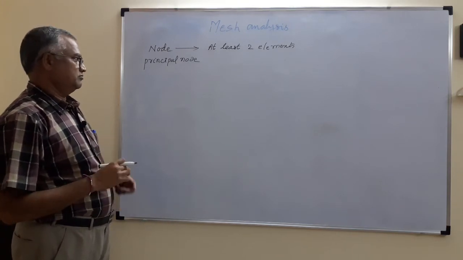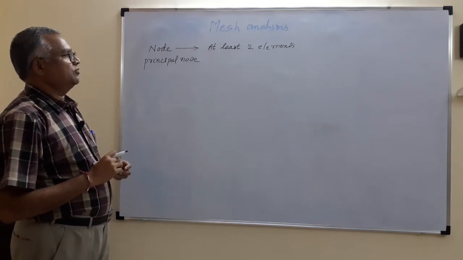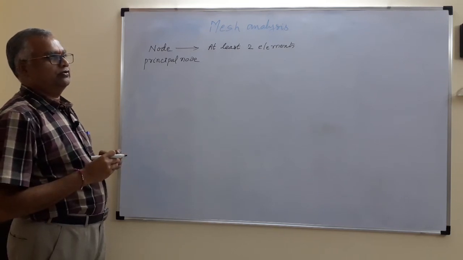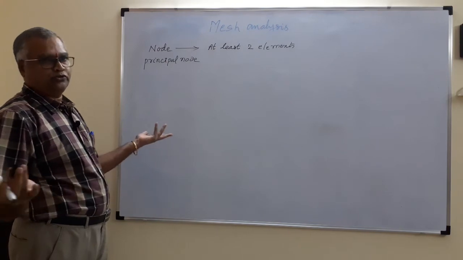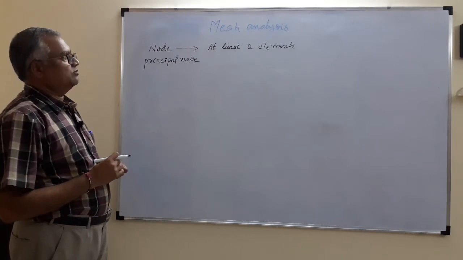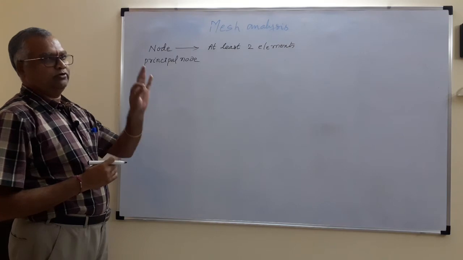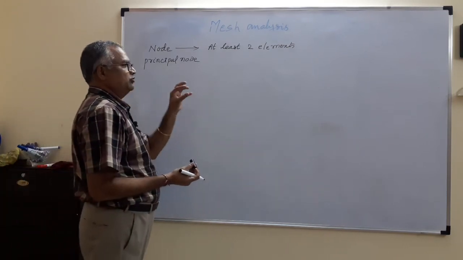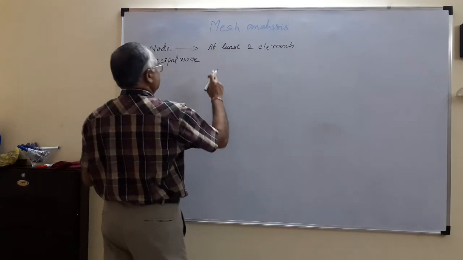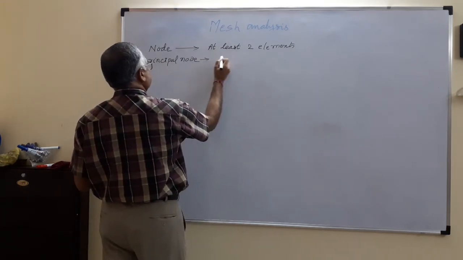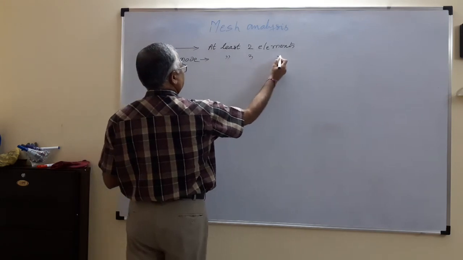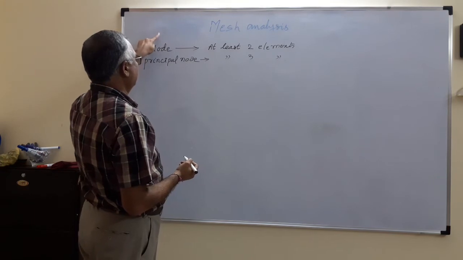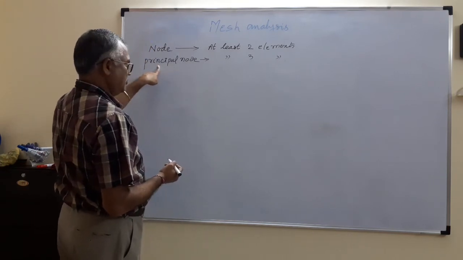Element is a general word. From a chemistry teacher's point of view, elements means the periodic table. From an English teacher's point of view, elements means letters A to Z. From a network teacher's point of view, elements means RCL, voltage source, current source, DC, AC, dependent, independent. Whatever I am using, they are all elements. Then principal node means at least 3 elements are connected. Principal node is a node, but all the nodes are not necessarily principal nodes.